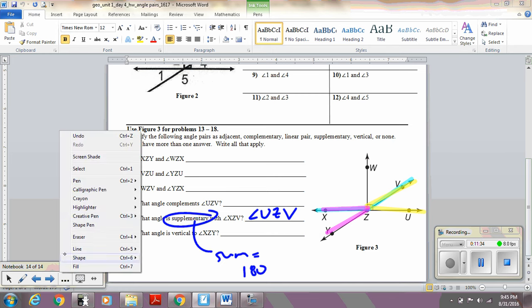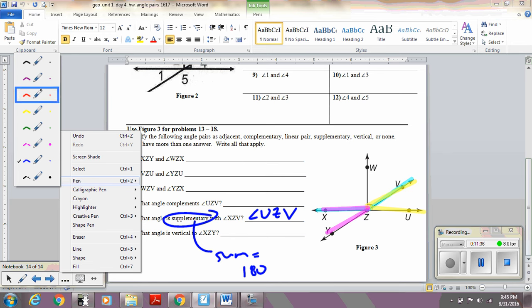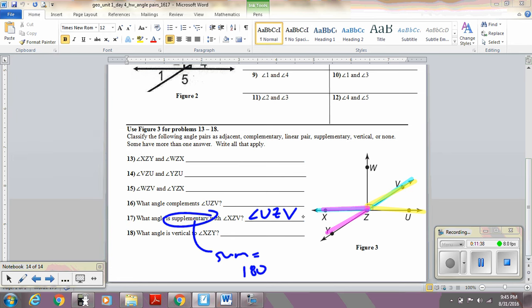So we'll write that one as well. And there aren't any others. So those two are supplementary, not together, but individually.